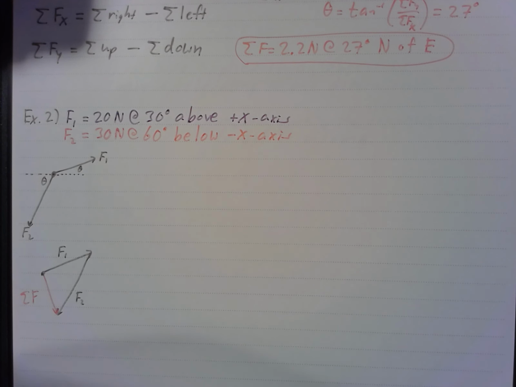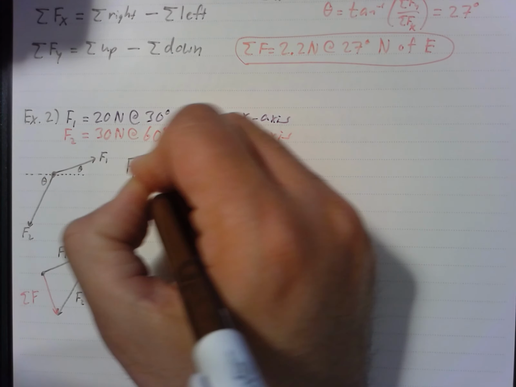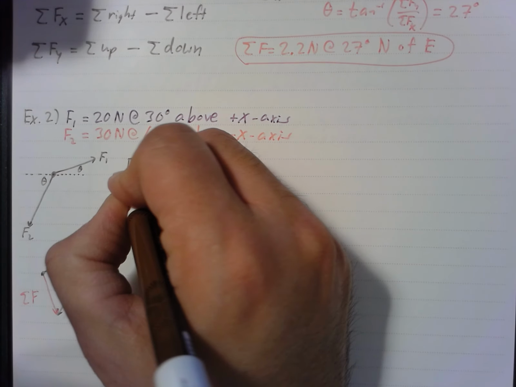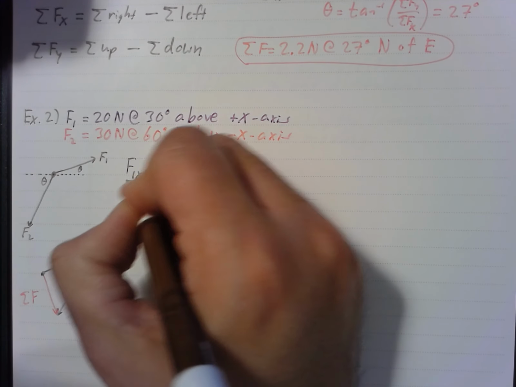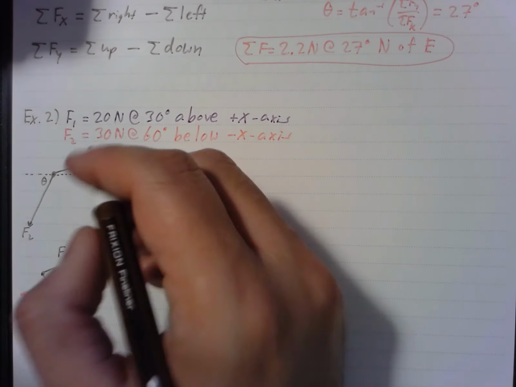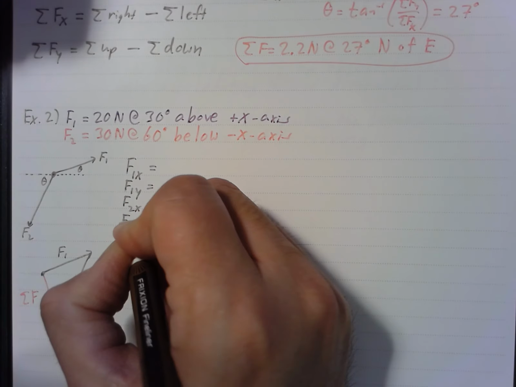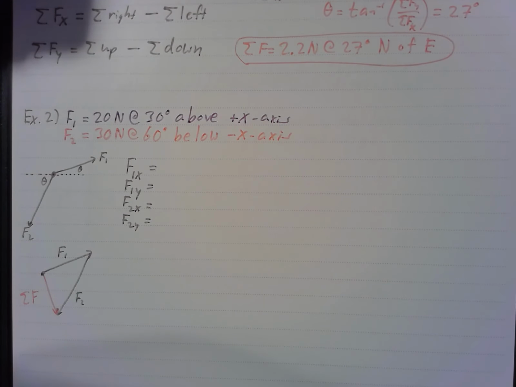So the way that we work the component method with this one is we do a lot of our trig up front, then we add and subtract, and then we do our trig at the end. So I can find the x and y components of F1, and I can find the x and y components of F2.